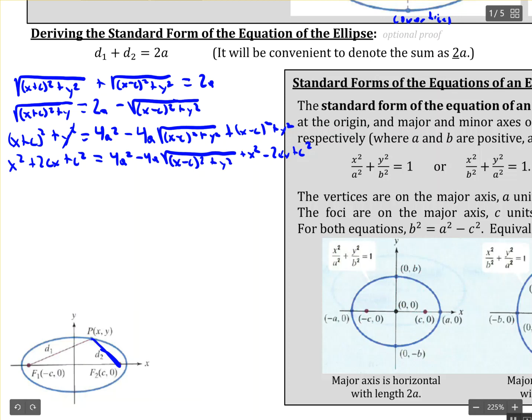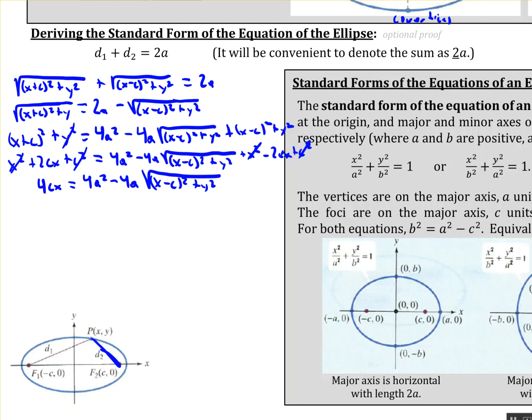I know this is a mouthful, but now I can subtract x squared from both sides, subtract c squared from both sides, and add 2cx to both sides. So I end up with 4cx equals 4a squared minus 4a times the square root of (x minus c) squared plus y squared. What we're trying to do is simplify so we can square it again and get rid of the remaining square root.